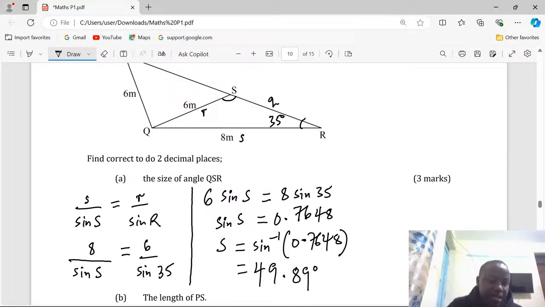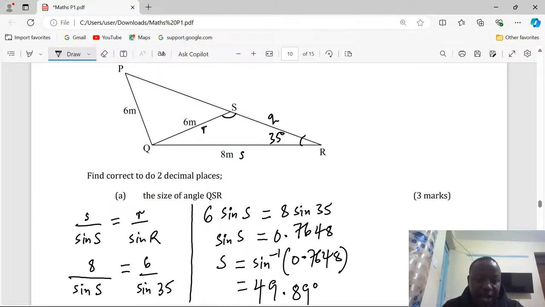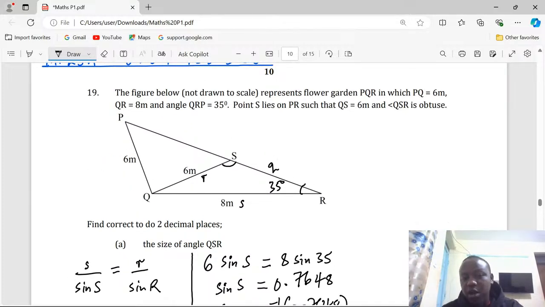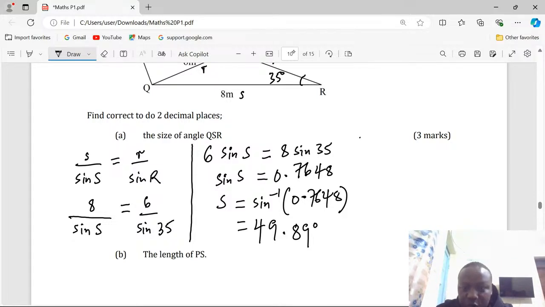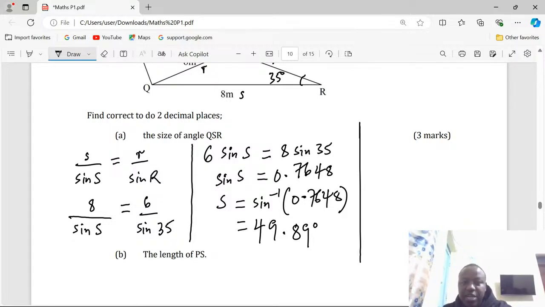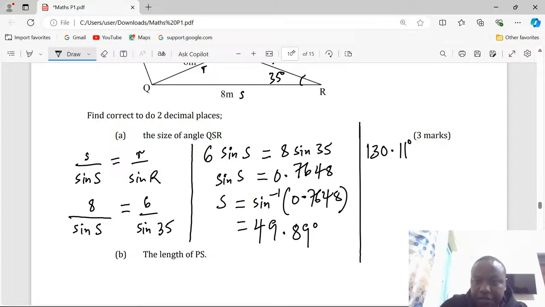49.89 degrees. But remember, this is an acute angle, and the angle there is supposed to be obtuse. Therefore, there is another angle whose sine is just the same as what we have obtained, and that is when we take 180 and subtract the angle provided there, giving 130.11 degrees.